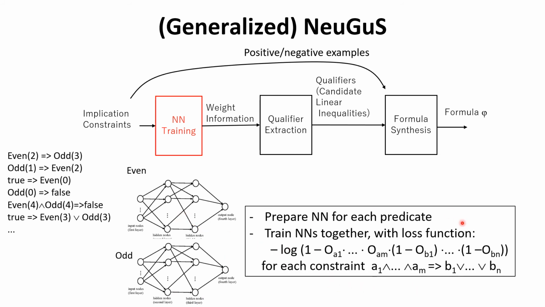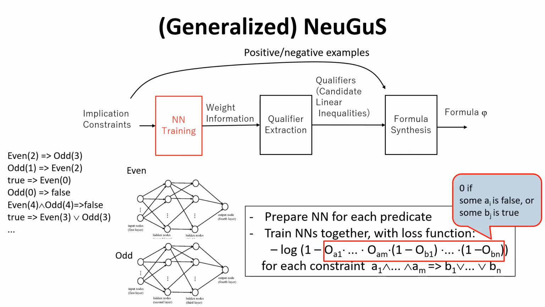This loss function is designed so that the constraint is satisfied if and only if the loss function is 0. Okay? And otherwise, the value of the loss function is positive. And then after training the network, we can perform qualifier extraction as before and proceed to the formula synthesis.